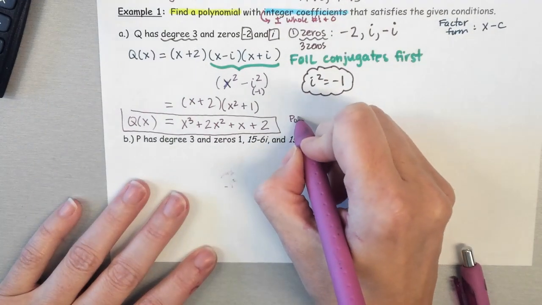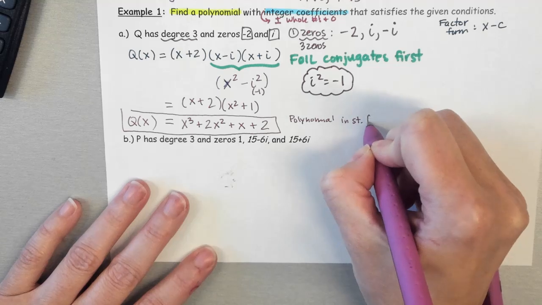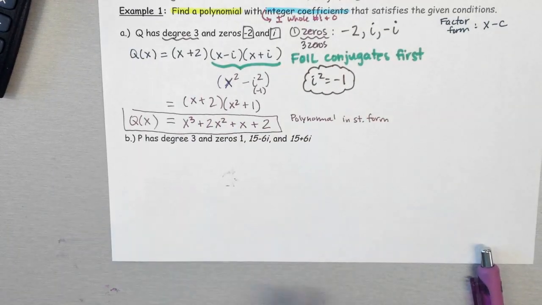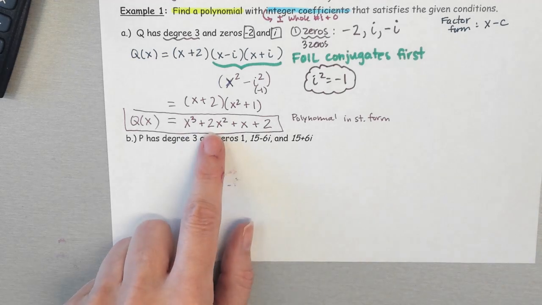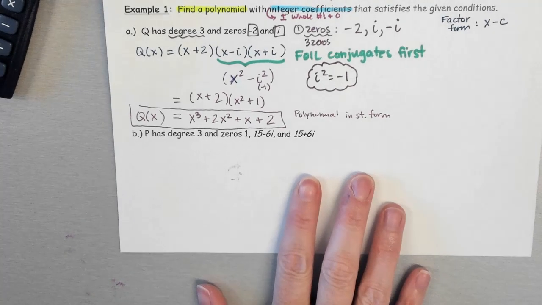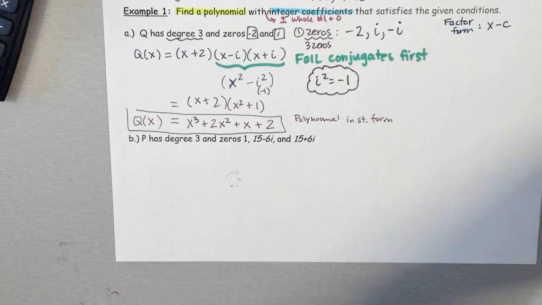Okay, so you have a polynomial in standard form. And that just means you start with the highest exponent and then all of the variables are going down from there. Okay? All right, does that ring a bell from last year? Because you would have done ones like that last year. I think we even did some with brackets.